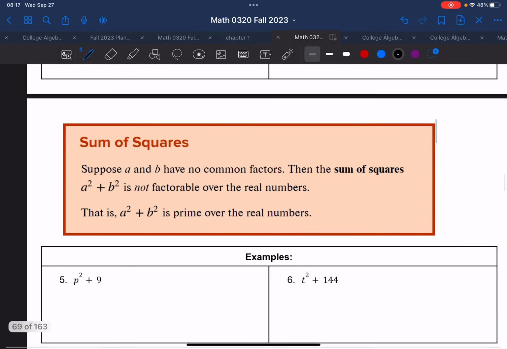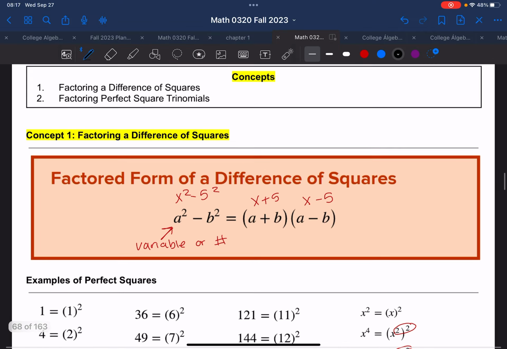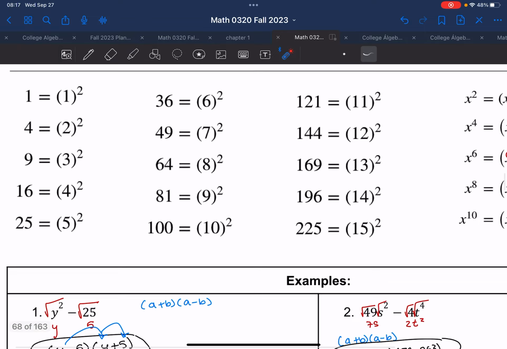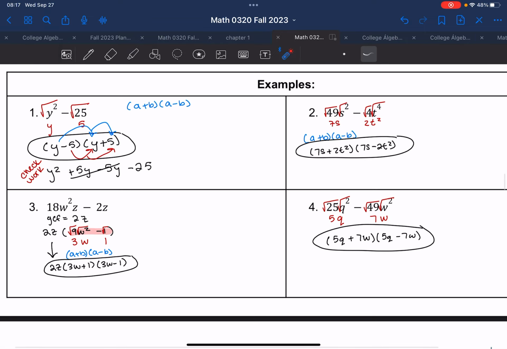So remember up in the first concept, when we were looking at that definition, it was the difference of squares. So we had A squared minus B squared. That is the only time we're able to use the perfect square method, because we were taking the difference of the two. If we look back at the examples that we just did, each one of these had a subtraction sign in between the two terms.